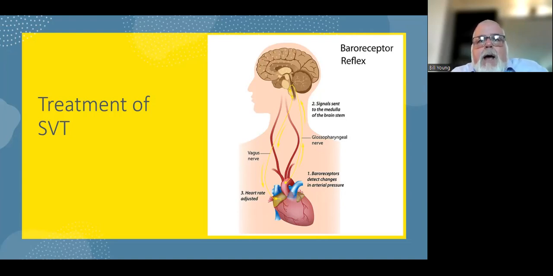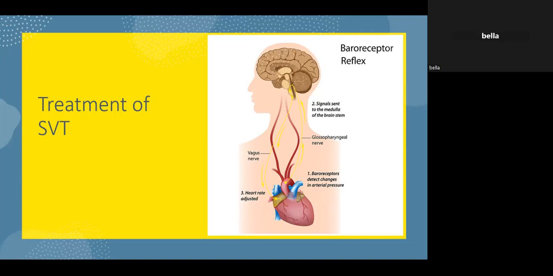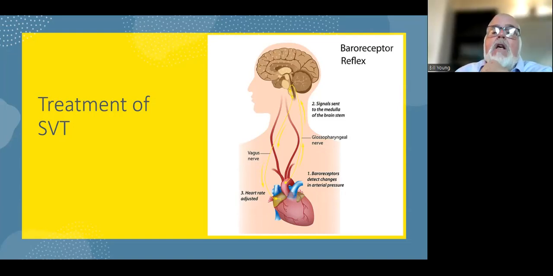Now, somebody remind me, what happens to our electricity when it hits the AV node? It pauses. It gets held back so both the atria and the ventricles can contract, not simultaneously, but back and forth. That's perfect. You're exactly right. So as we're coming through here, we're going to lengthen out that pause.